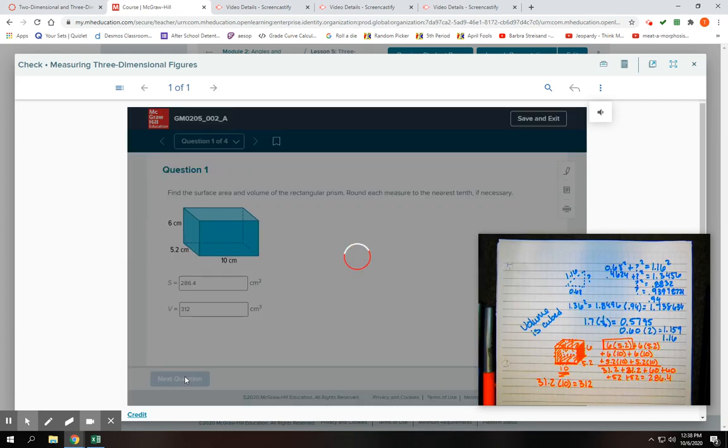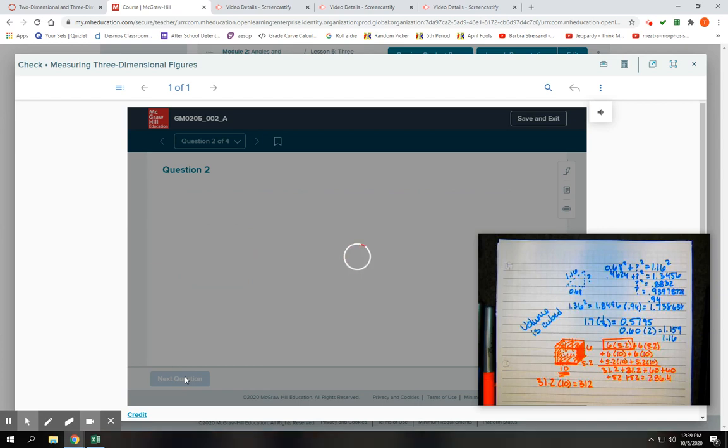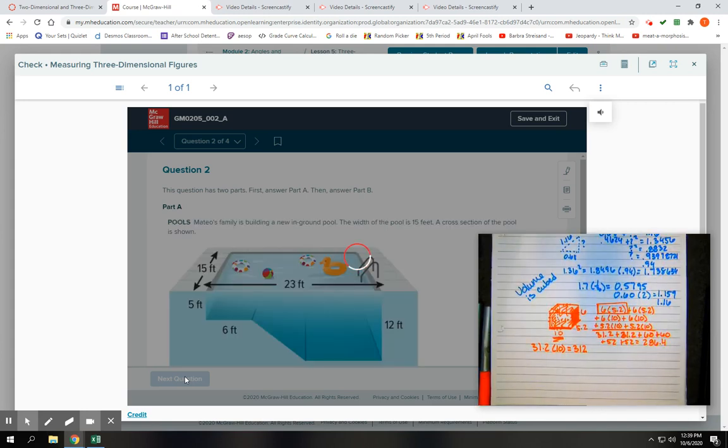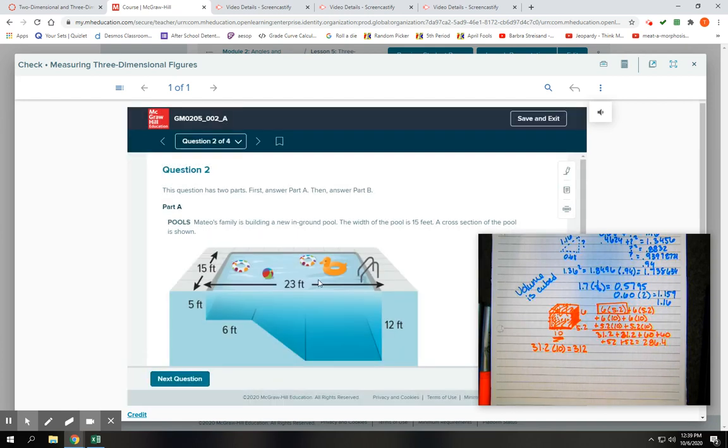Okay, let's look at the next one. In the next one here, if it'll load, Mateo's family is building a new in-ground pool.